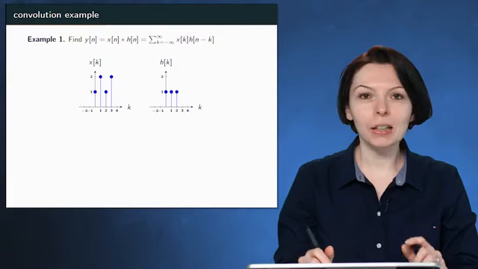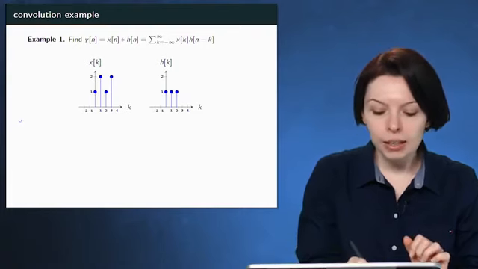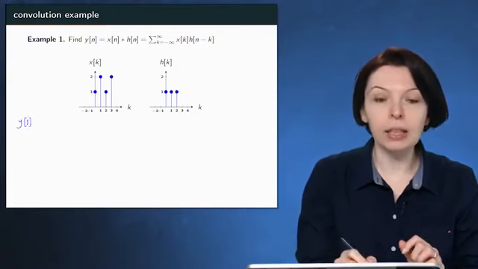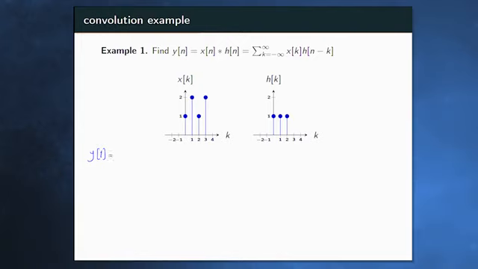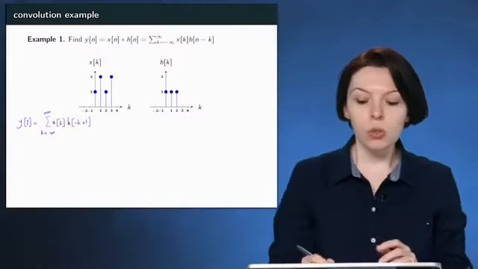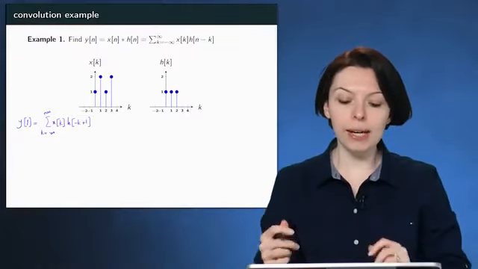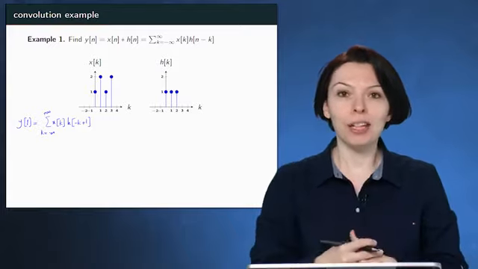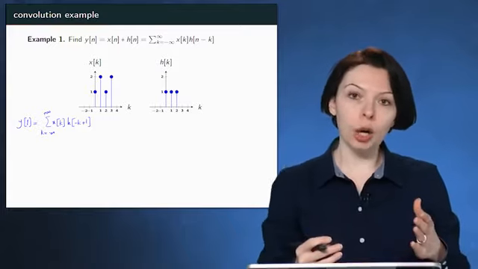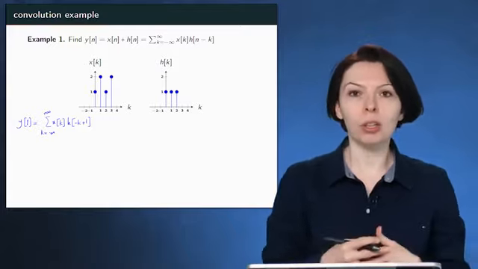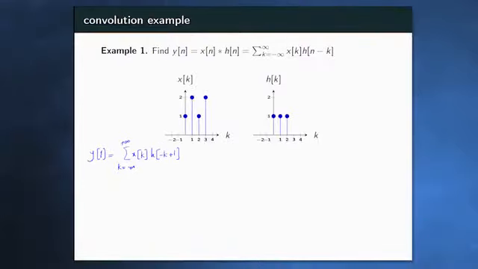All right, let's take a look at calculating y of 1 at n equal to 1. That's going to be equal to sigma x of k, h of negative k plus 1, k from negative infinity to plus infinity. So I want to calculate this summation graphically. I have the graph of x of k. I have the graph of h of k. I only need to draw the graph of h of minus k plus 1. In the first example, you saw how to do this one.